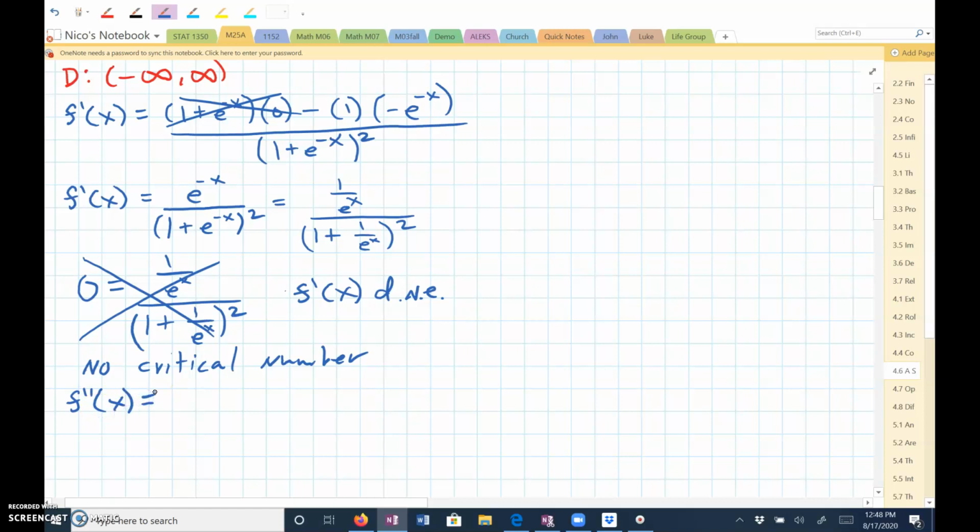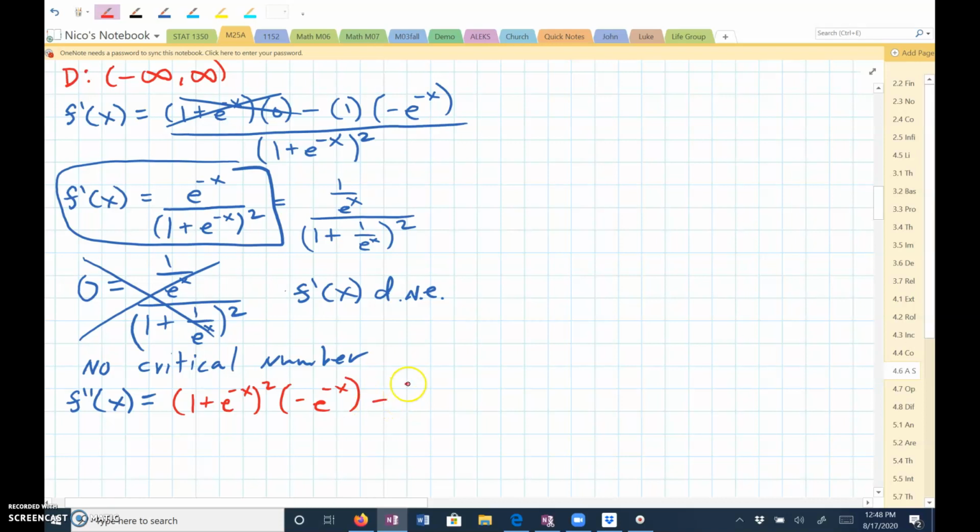So let's take the derivative of the first derivative. Again, it's going to be the quotient rule. So it's going to be the denominator times the derivative of the numerator minus the numerator times the derivative of the denominator.